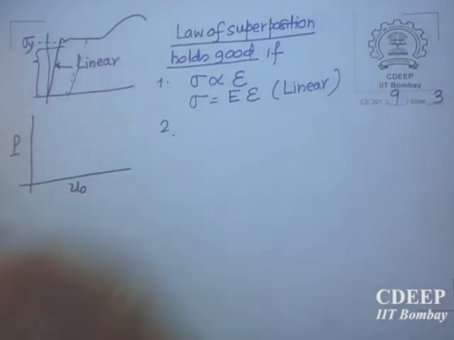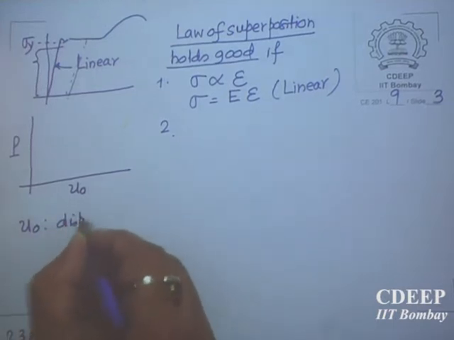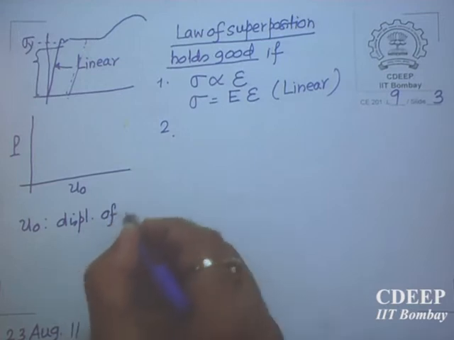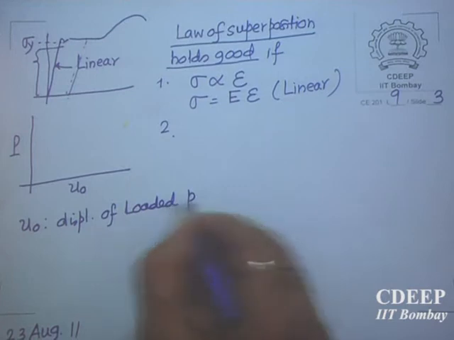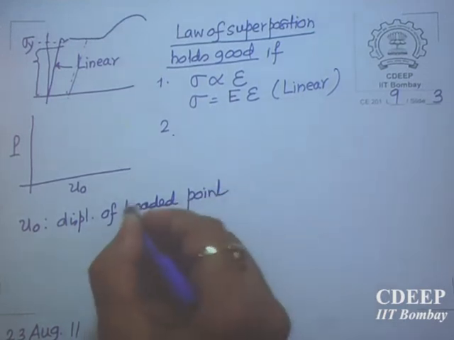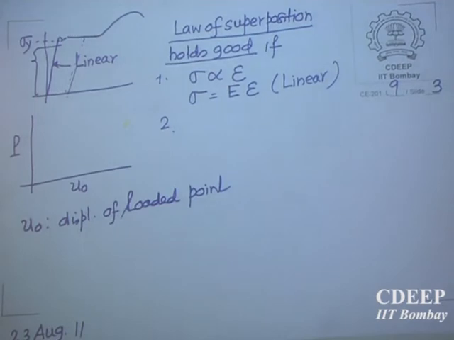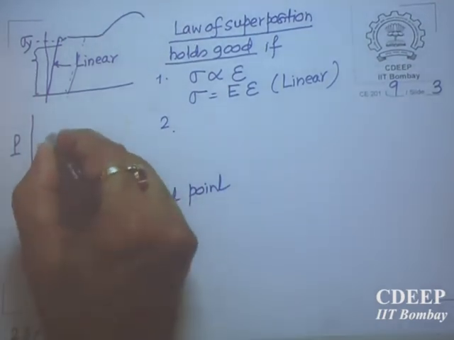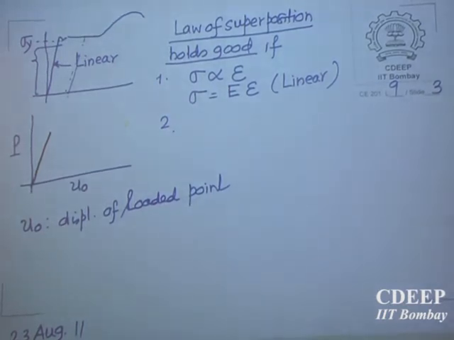U naught is displacement of loaded point where P is applied. So this also, initially when the loads are small, it will be a straight line, because this one is stress. Stress multiplied by area of cross section is what? Force.